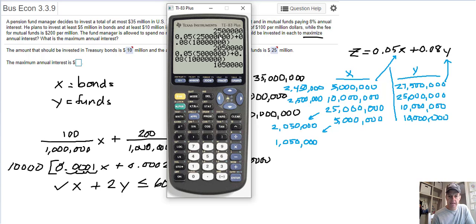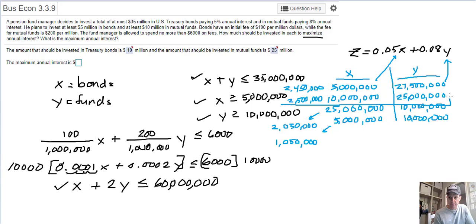So the maximum occurred where we got 2.5 million. So this one is our maximum solution right here. And that's why the correct answer is $10 million in bonds, 25 million in mutual funds, and the maximum annual interest here will be the number we just calculated, $2,500,000.